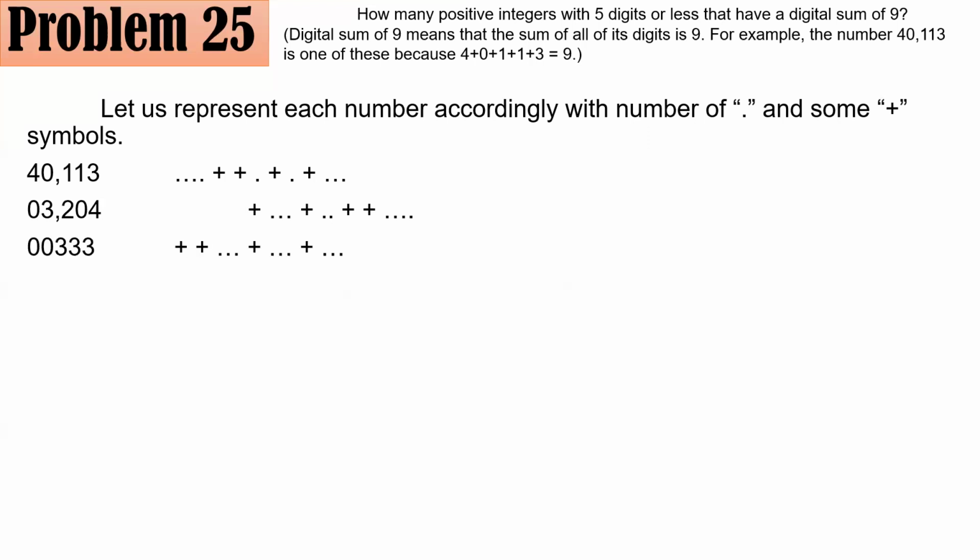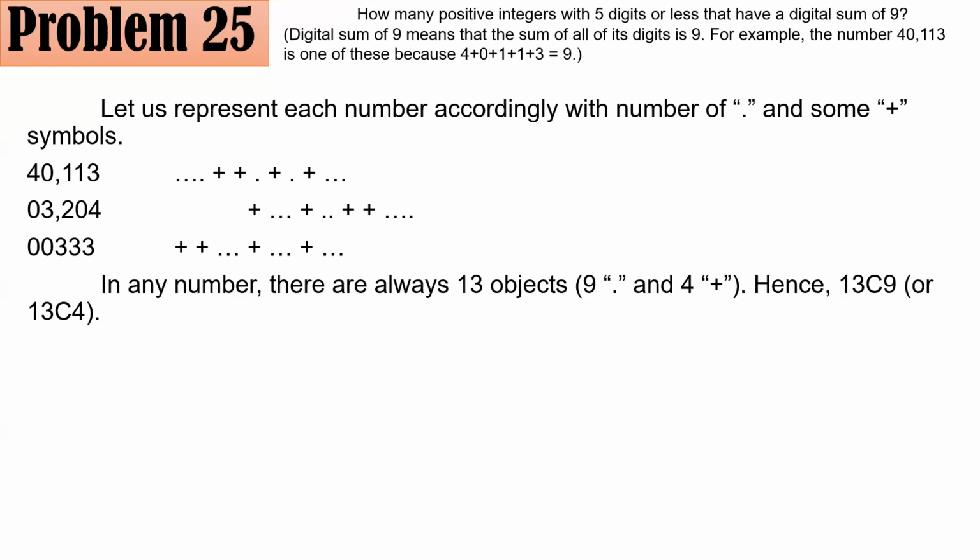If you choose to have a 3-digit number, we could safely presume that the 10,000s and the thousands place are both 0. And still, you could see that's plus 0, none, plus none, plus three dots, plus three dots, plus three dots. Again, there are four plus symbols and nine dots.